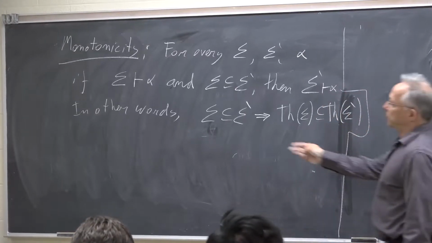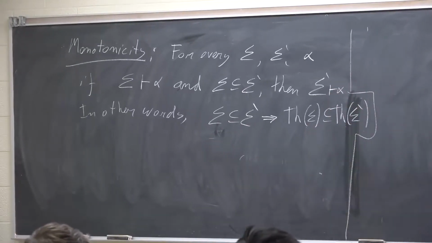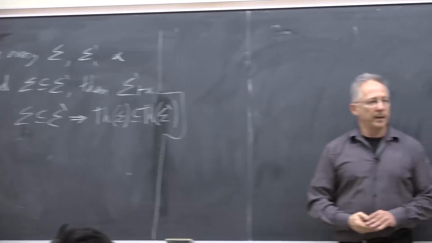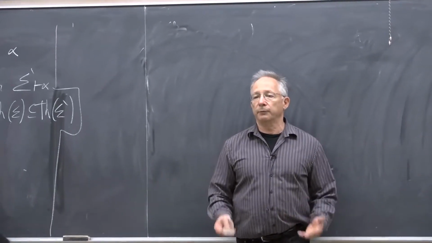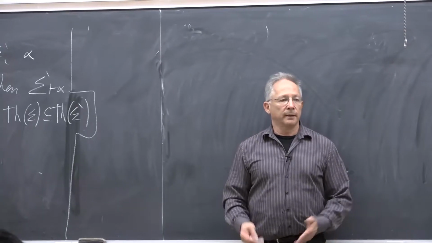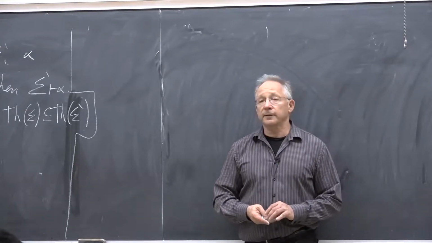So this looks like monotonicity. If I have inclusion here, I have inclusion of the consequences. And this looks like a very natural thing. If you make more assumptions, then you can prove more things. So why do I say that it's not trivial?